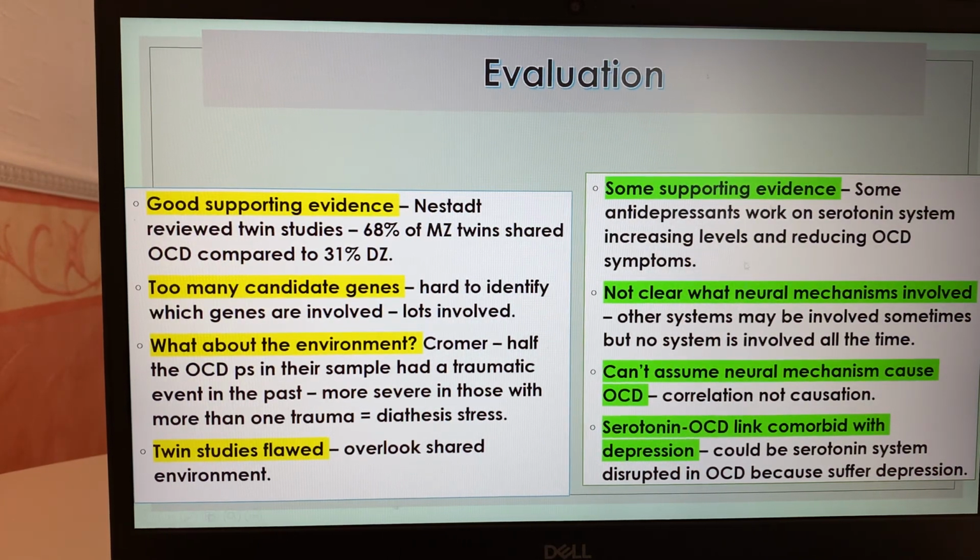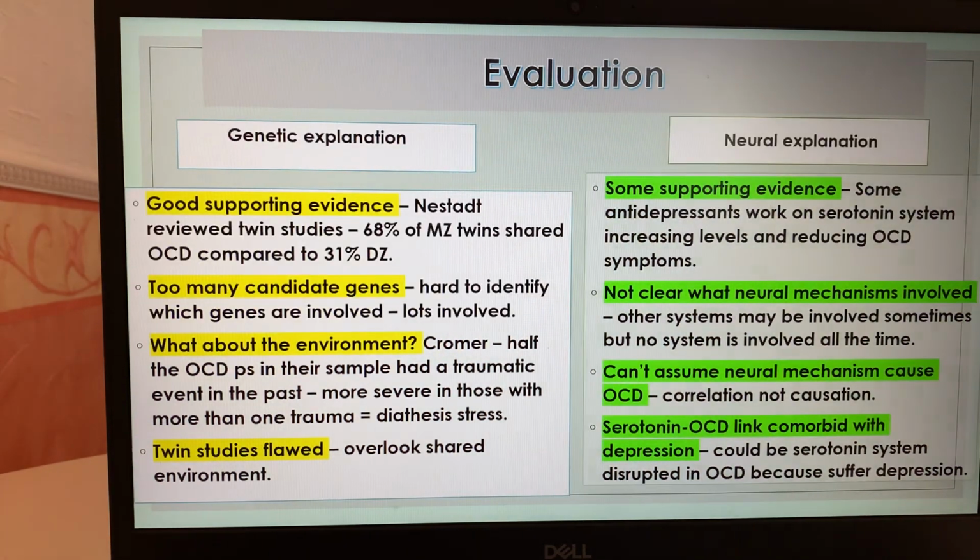Then, like we said, the serotonin OCD link is comorbid with depression. So because the same system is involved in OCD as it is with depression, let's say somebody suffers from depression, that's impacting their serotonin system, therefore that is causing their OCD, if you see what I mean. So you could have OCD and have depression, they're comorbid with each other, but which one is affecting your serotonin system?